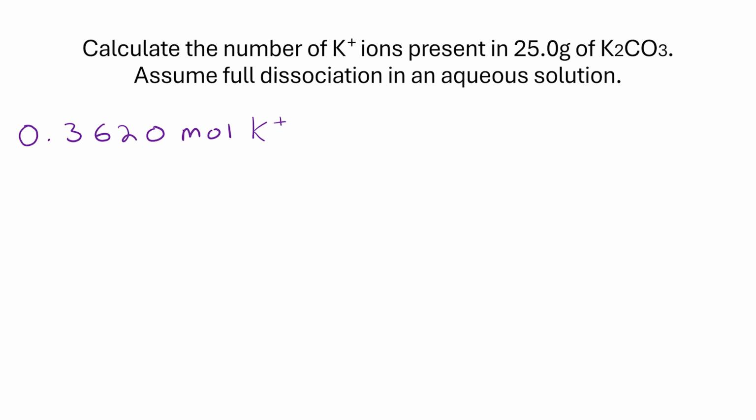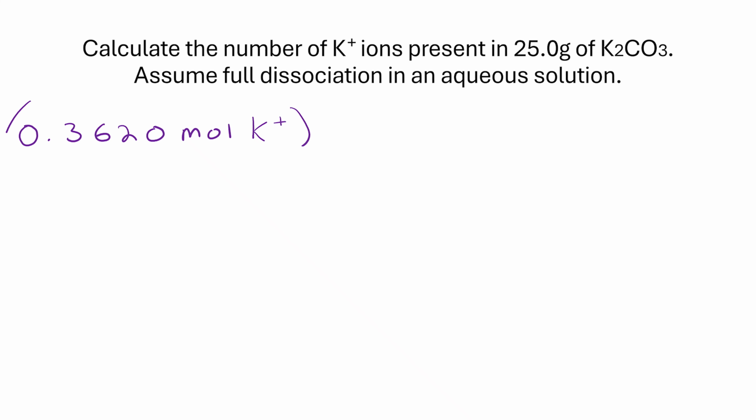Finally, to work out the actual number of potassium ions present within the solution, we take the amount in moles of potassium ions present, 0.3620 moles of potassium, and we're going to now multiply that by Avogadro's number.